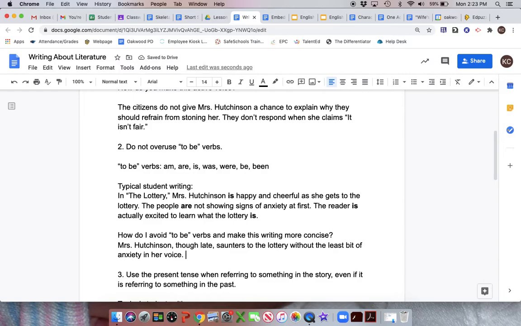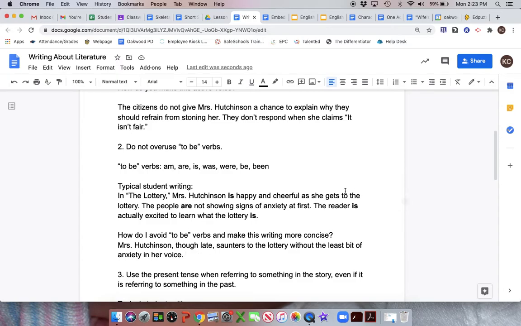There we go. I took those two sentences, put them together, and I didn't use a to be verb. I said saunters, and the word saunters indicates walking with a little bit of buoyancy, a little bit of confidence, and without any sign of anxiety. Therefore, it takes away that anxiety, right?